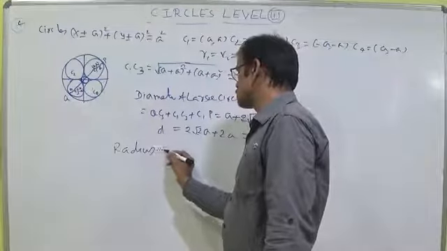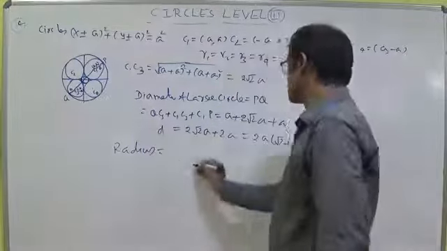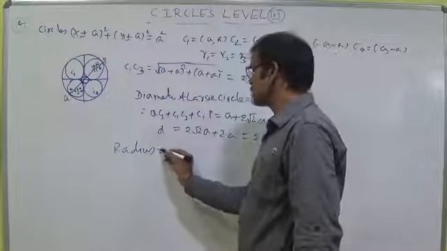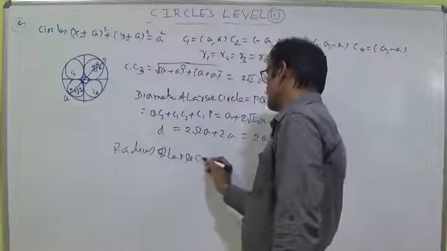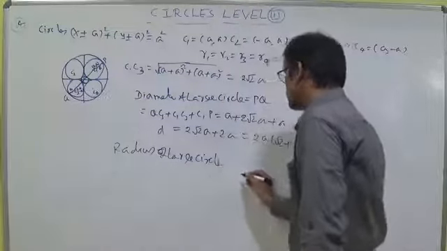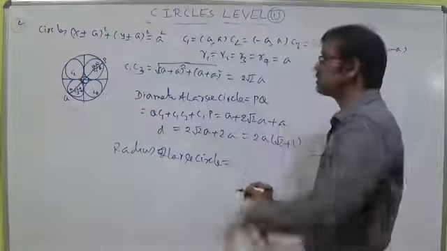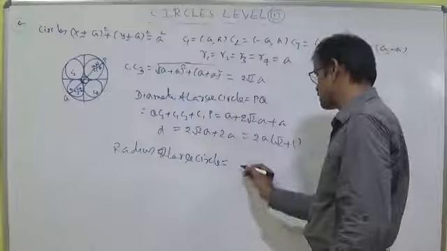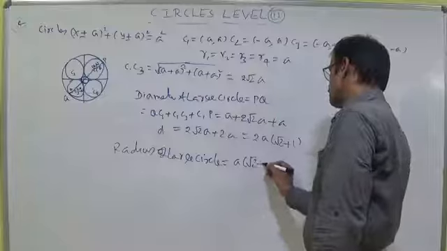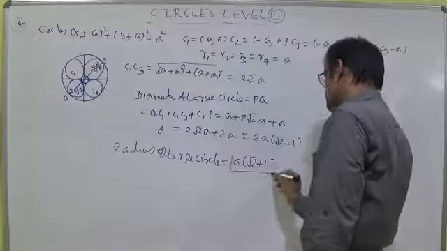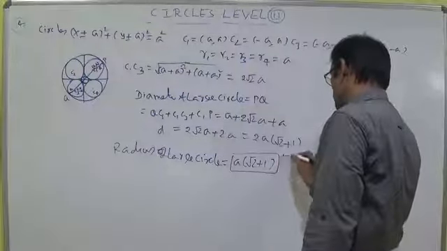The concept needs to be remembered. The radius of the large circle which touches the four circles is equal to diameter by 2, so A into root 2 plus 1. Put a box here; this is necessary to remember.